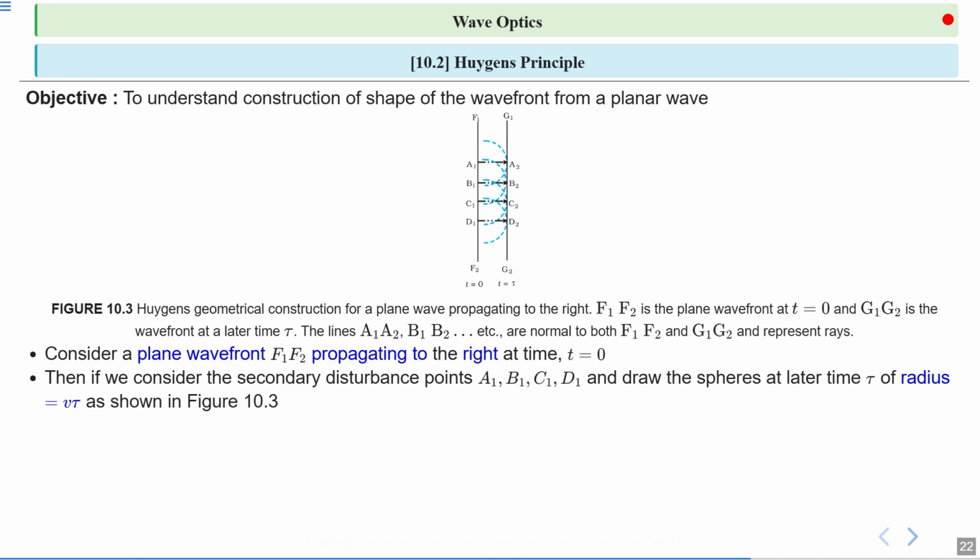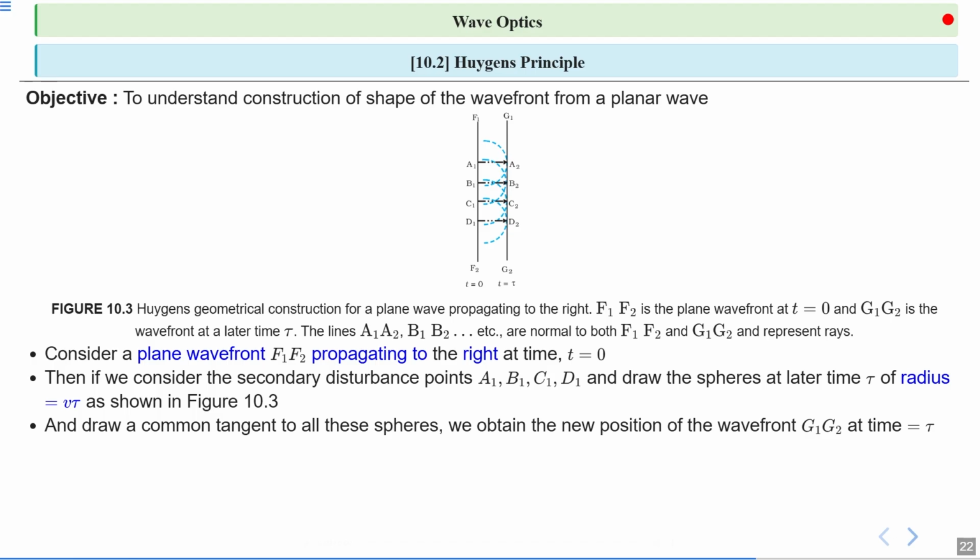What is v tau? The distance traveled by the wave, or by the wavefront, in time tau. Drawing the spheres with radius v tau, we can see how the wavefronts change over time as depicted in figure 10.3.